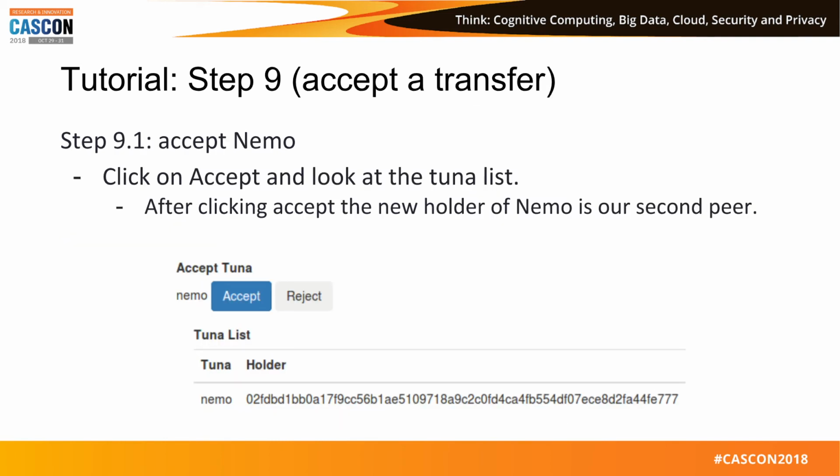So to finish, select accept, and then you will see the new holder on the tuna list. And if you want, you can go back to step 7 and review the new transaction and the new block that we have for that specific transaction, which was accept tuna.